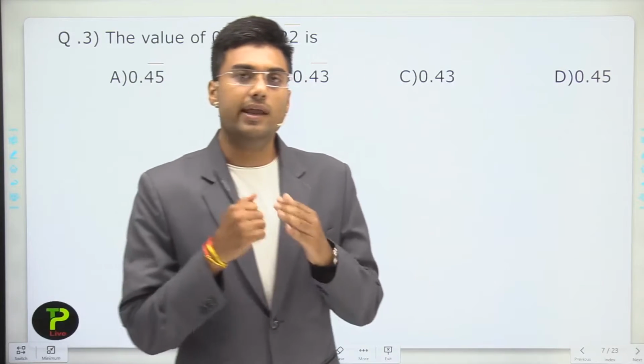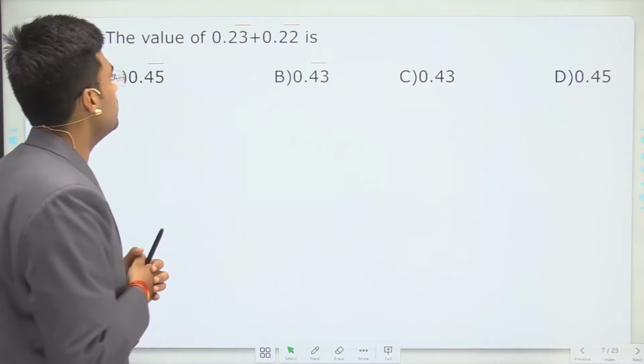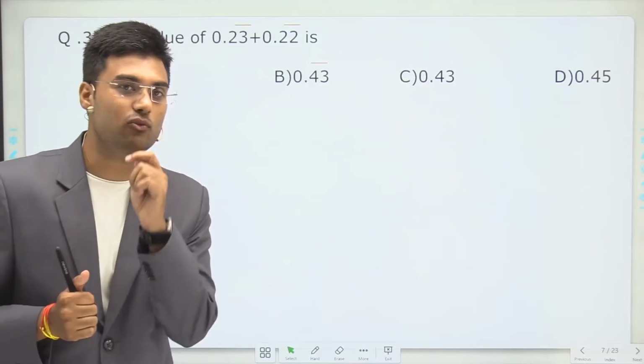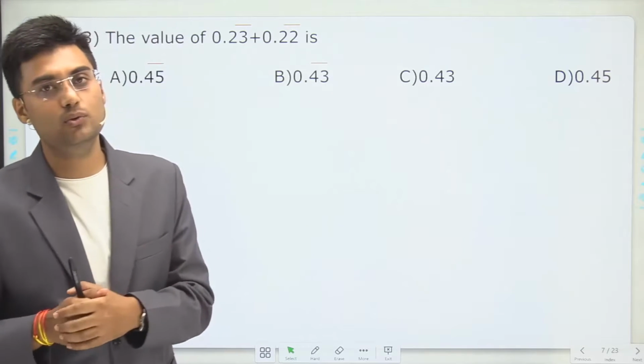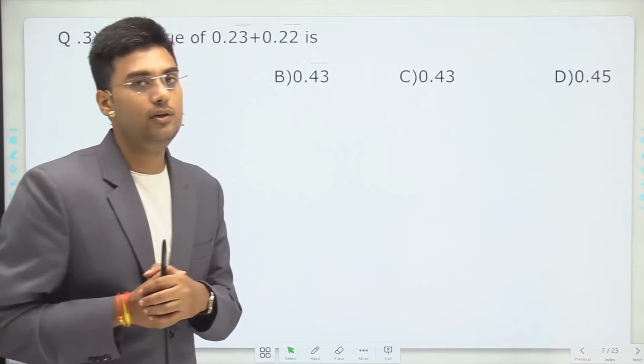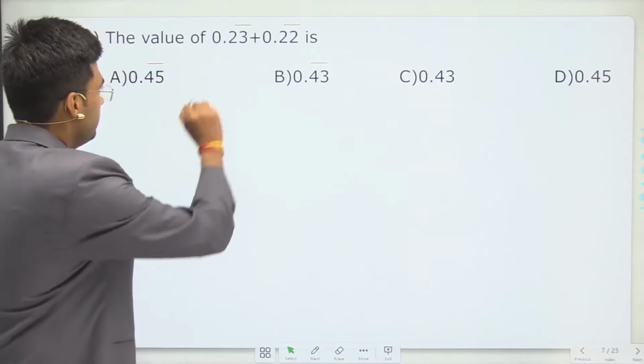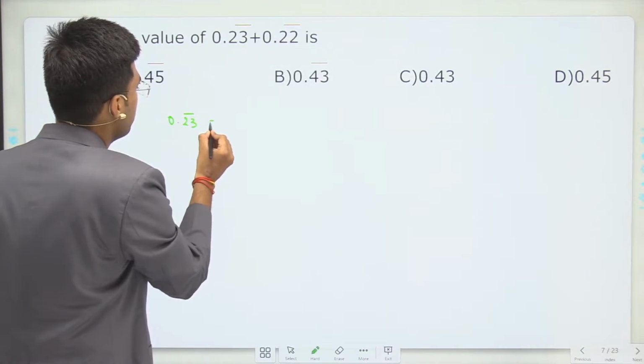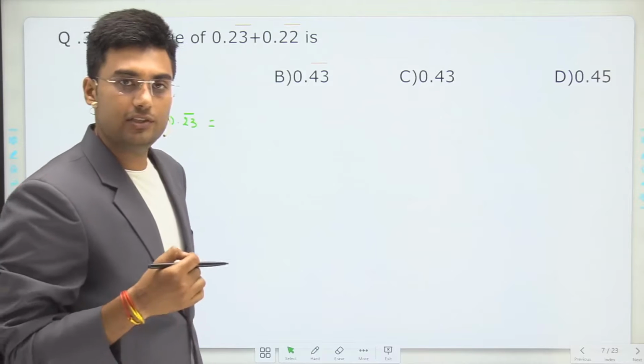Now, the next question is 0.23 bar plus 0.22 bar. We have to find the value of 0.23 bar plus 0.22 bar. Dear students, we know how to convert recurring decimals into the fractional form.